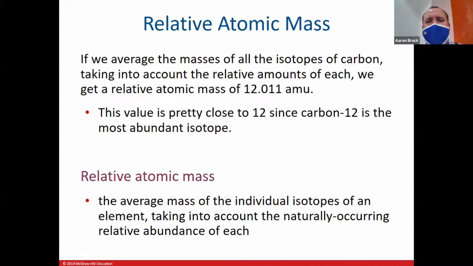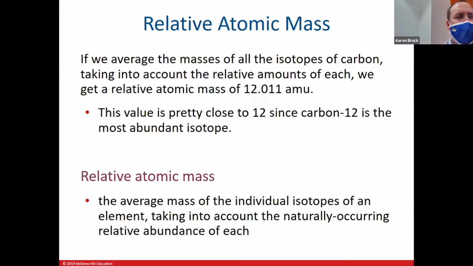When we look at atomic masses on the periodic table, those atomic masses should give us a little bit of information. First piece of information that they should give us is the average of all of the isotopes that exist for a given element.